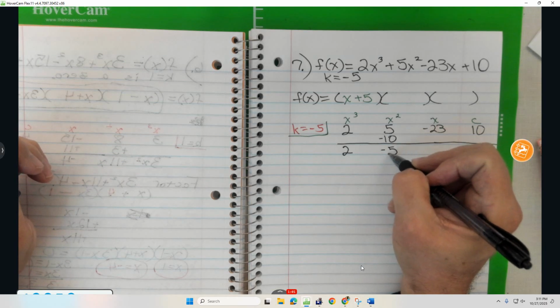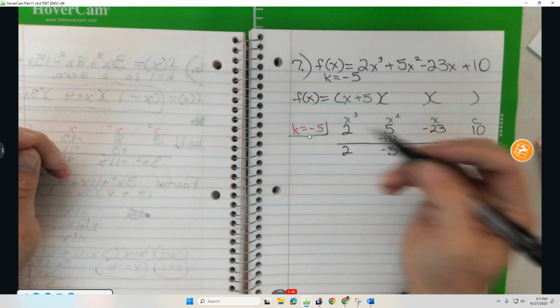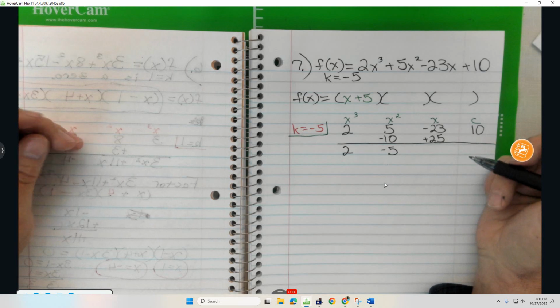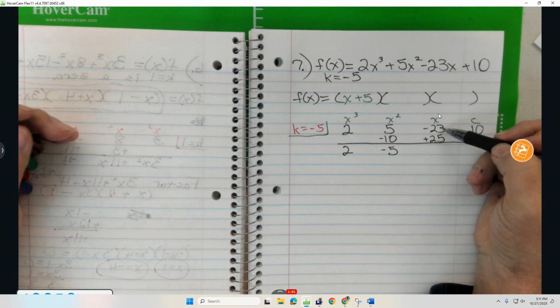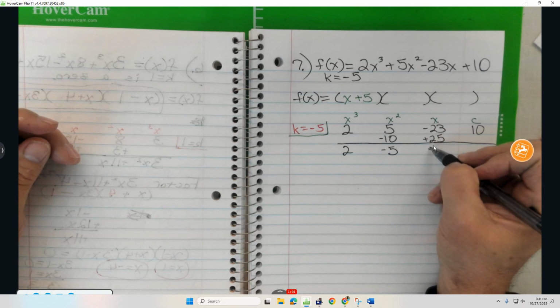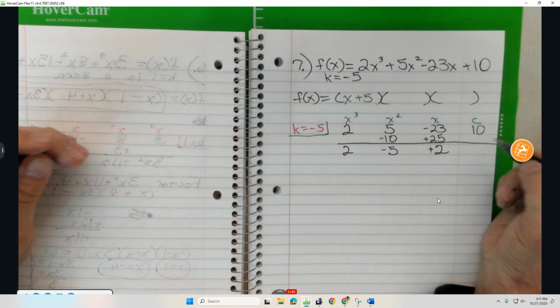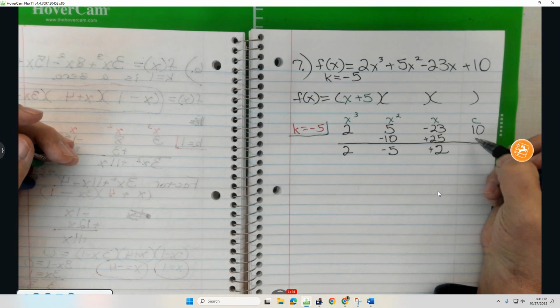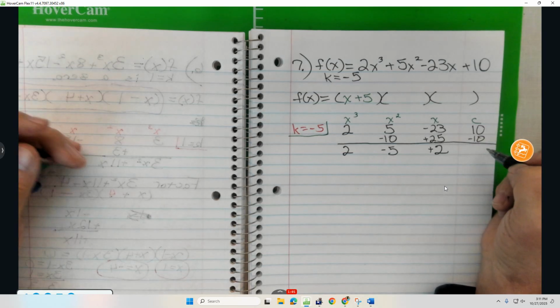Negative 5. Negative 5 times negative 5 gives me a positive 25. Negative 23 plus 25 gives me a positive 2. What am I going to have here? Negative 10. And what are we about to get as our remainder?